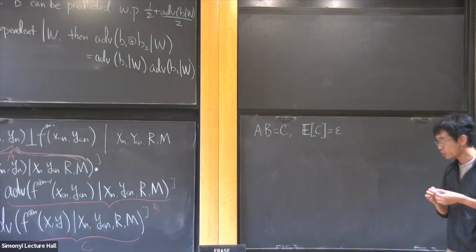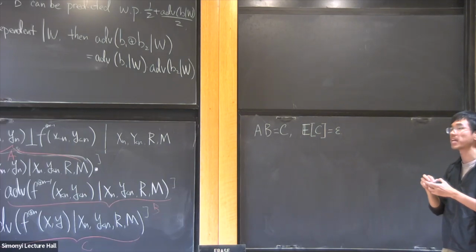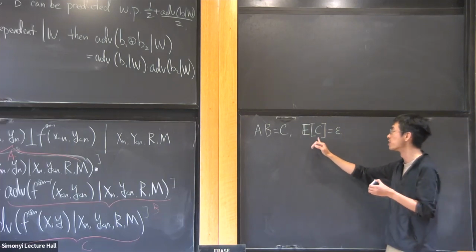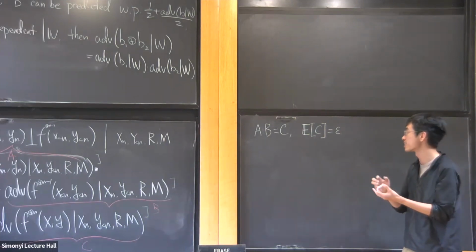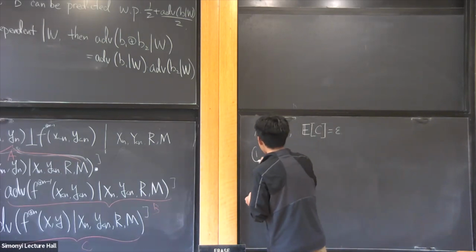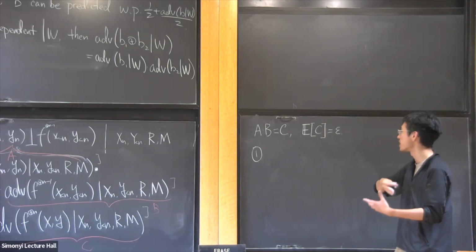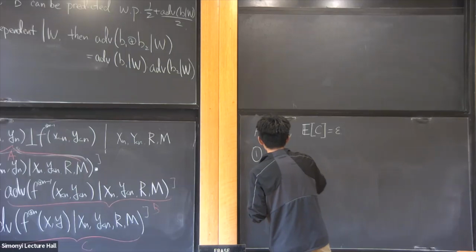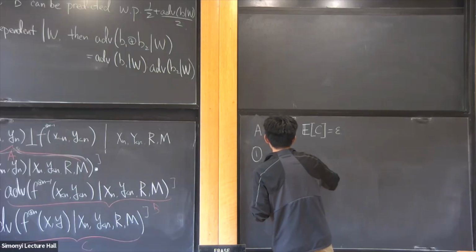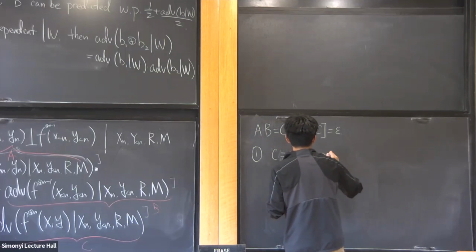So in order to use this equality, let's examine two extreme cases for this distribution. This random variable has expectation epsilon. Then there are two extreme cases for this to happen. The first case: maybe this random variable is taking the value epsilon almost all the time. Let's say C is equal to epsilon with probability almost 1.